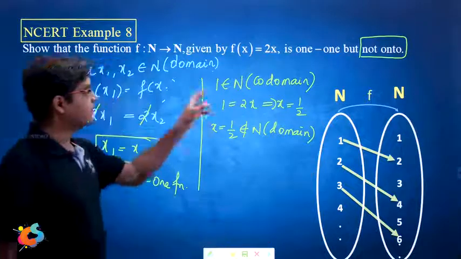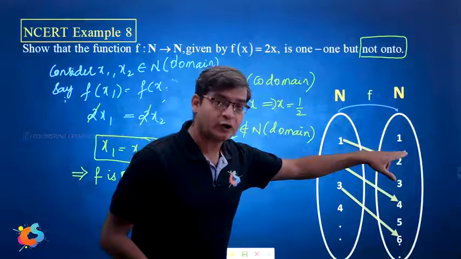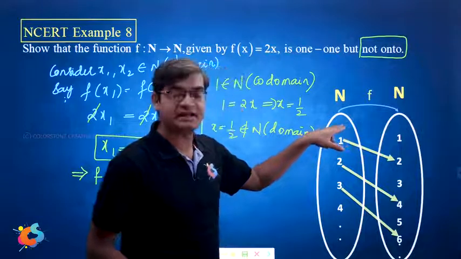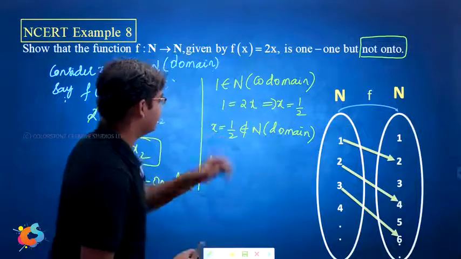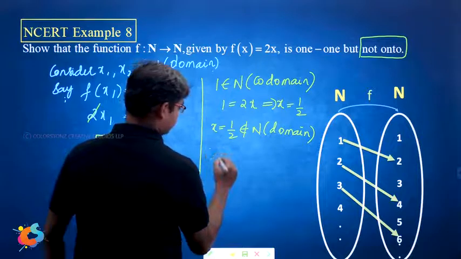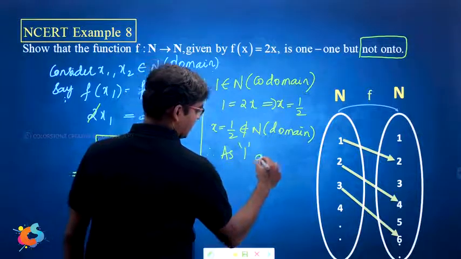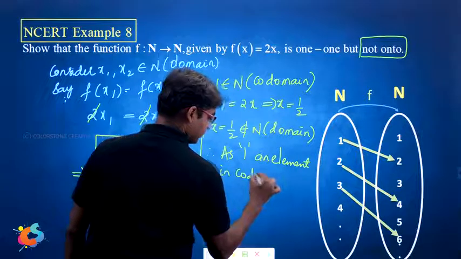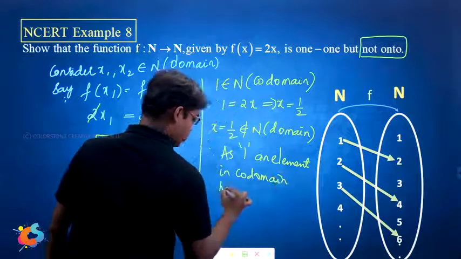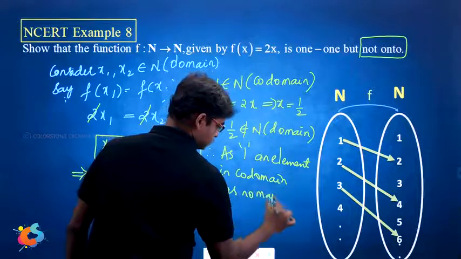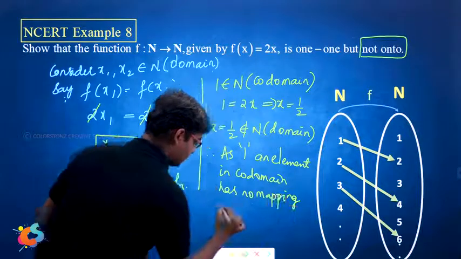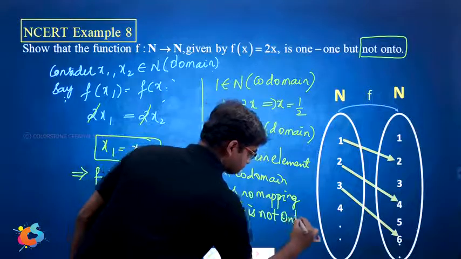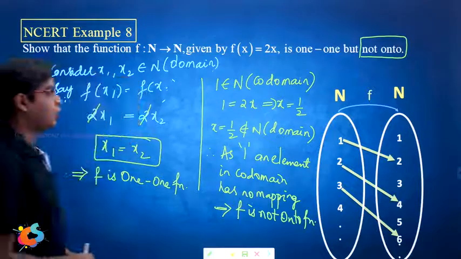So what did we show here? 1 belongs to the codomain, and corresponding to 1, the mapping would have happened if half was there in the domain, but half is not there in the domain. So, as 1, an element in the codomain, has no mapping, this implies f is not an onto function.